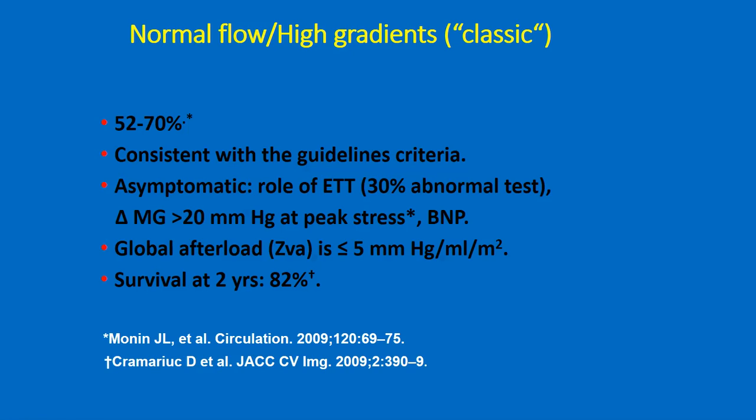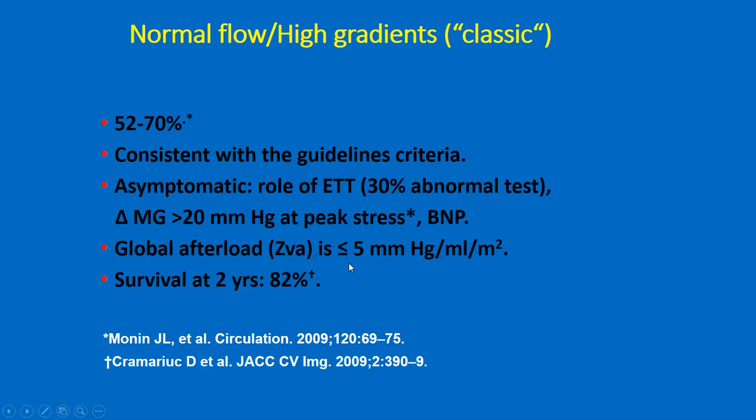In asymptomatic patients, there is a role for the exercise treadmill test, which comes out positive in about 30% of these patients. An increase in mean gradient of more than 20 millimeter mercury at peak stress, as well as an abnormal brain natriuretic peptide serum level, bring poor prognosis, so these patients should be sent to aortic valve replacement sooner rather than later.